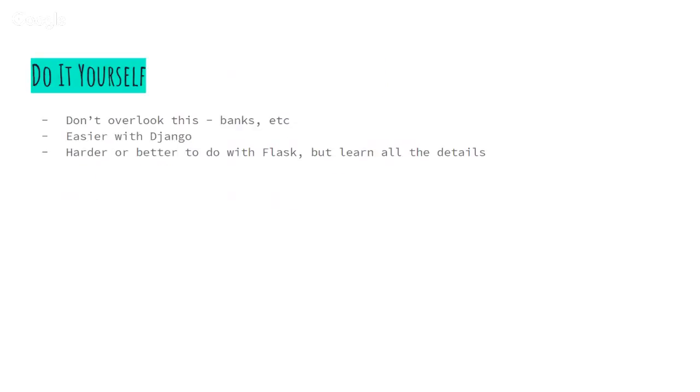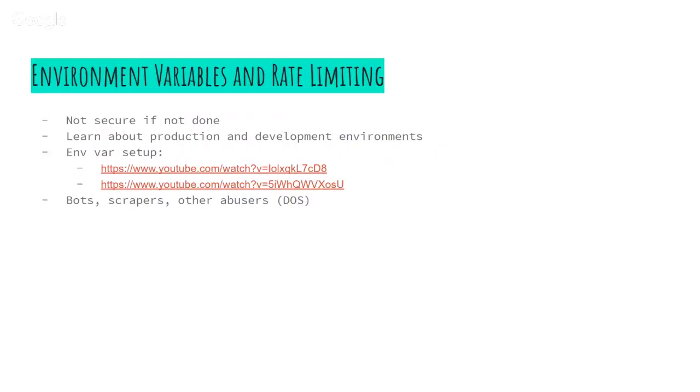So now, if you do decide to do it yourself, or whichever route you decide to take, whether you do it yourself or you go through something like OAuth, sorry, I lost my train of thought there.